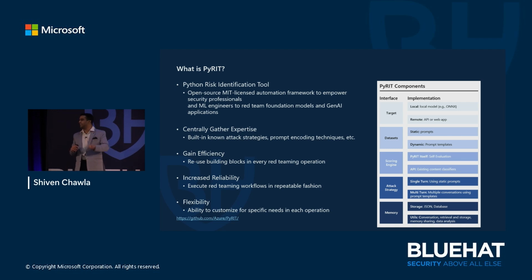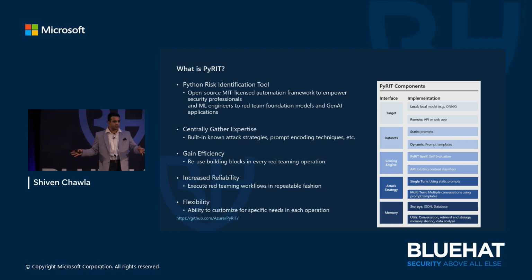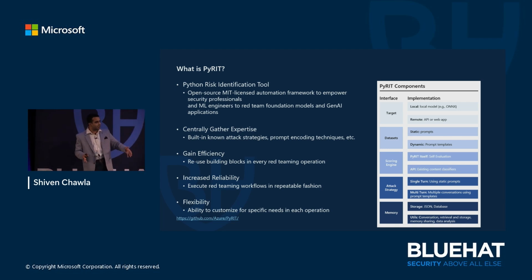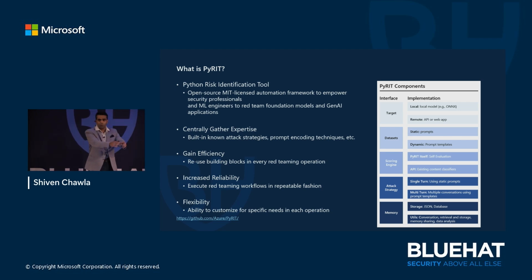PyRIT gives you ECC. ECC stands for efficiency, comprehensiveness, and consistency. You can run things efficiently, very quickly. You can have a comprehensive set of tests, literally tens of thousands of prompts running together. Believe me, I did an operation with this wonderful guy, Blake Bullwinkle, on Phi 3.